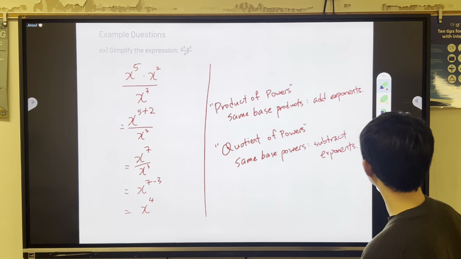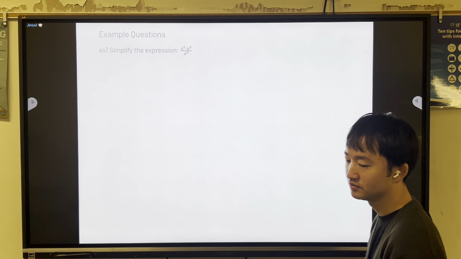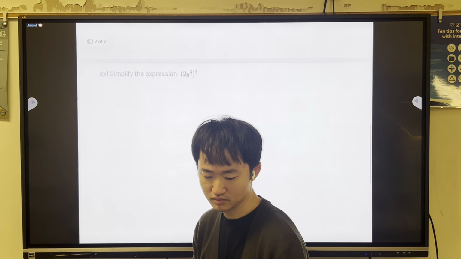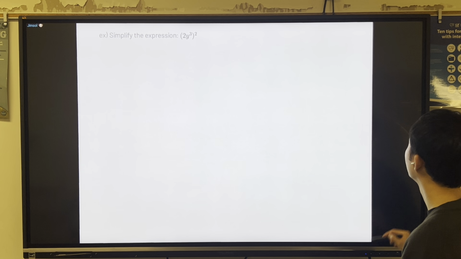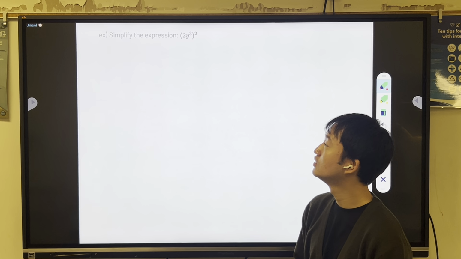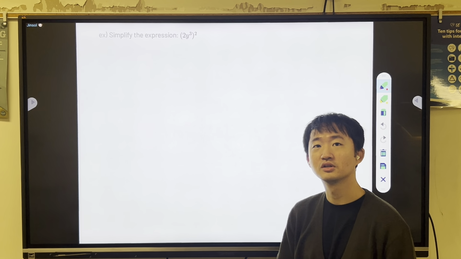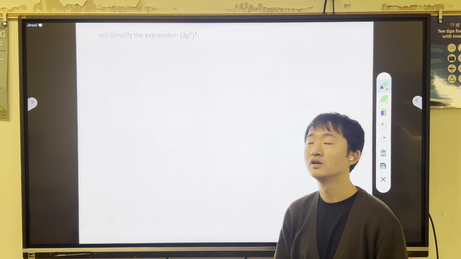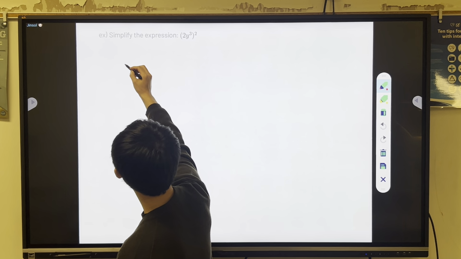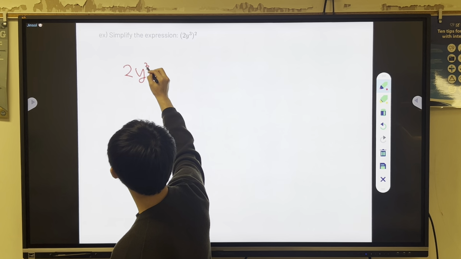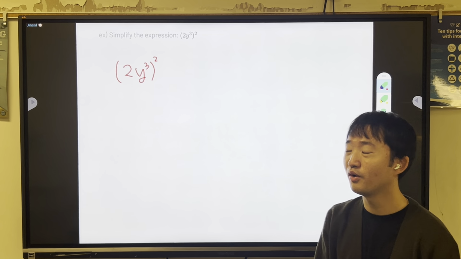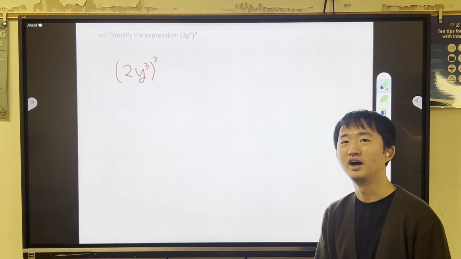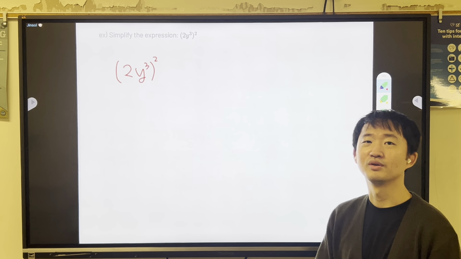Now let's move on to the second example question. Simplify the expression (2y cubed) to the power of 2. So once again, this is not an ideal situation for us because we have a bracket, we have a square, we have exponents, we have a product. Let's try to simplify this.